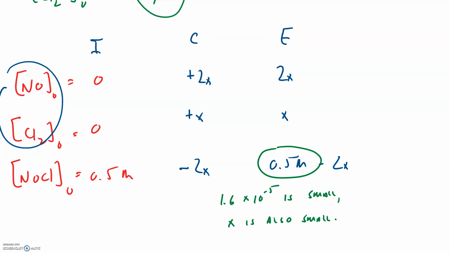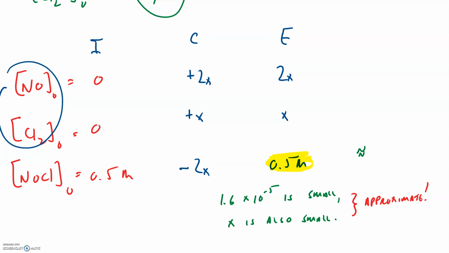So what we're going to do is approximate this value. We're going to say that 2x isn't going to make a noticeable difference, and so regardless of what x is, this value is going to remain close enough to 0.5 molar that it's not going to appreciably change. This is called approximation. And so whenever we have a value of k that is small, we can approximate.